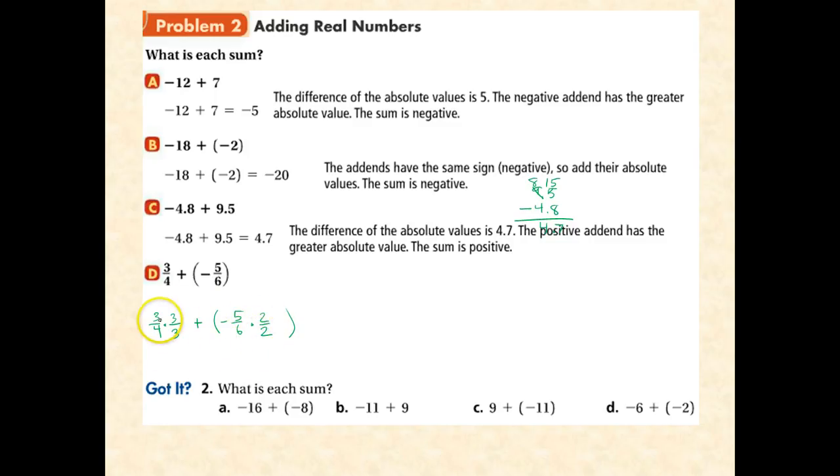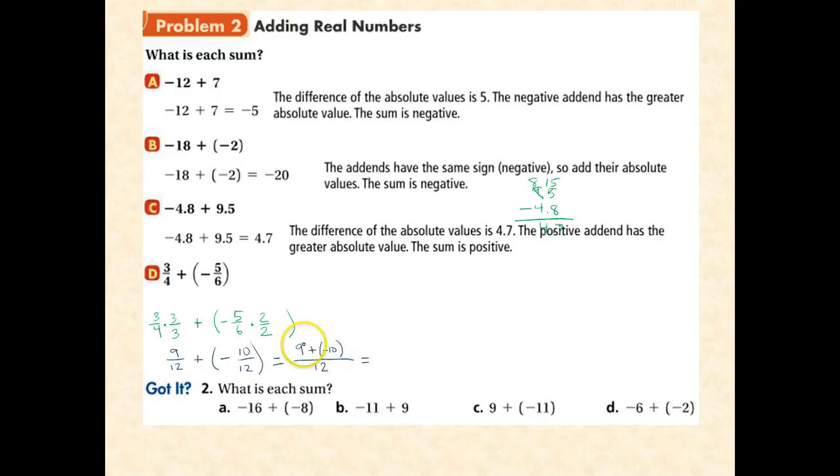And this gives me 3 times 3 is 9, so 9 over 12 plus negative 5 times 2 is 10 over 6 times 2 is 12. Now that I have the same denominator, I can now add the numerators. So this is going to be 9 plus negative 10 over 12.